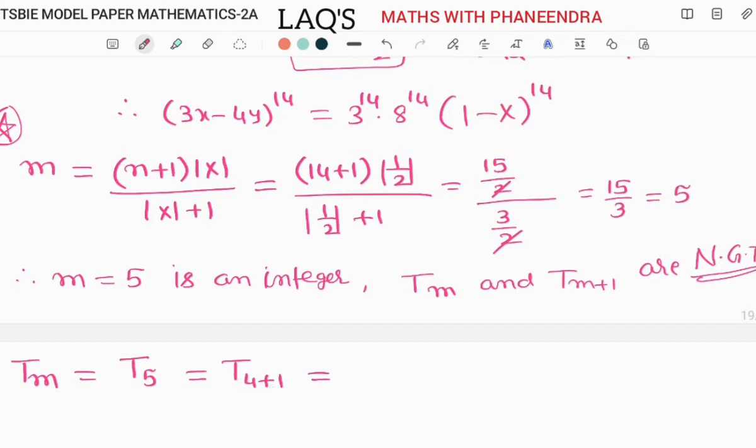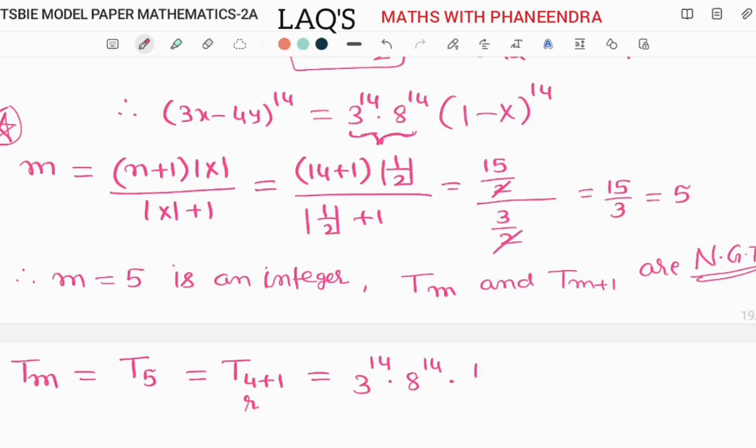T4 plus 1. For this, this constant is also included, dear students, whenever you are writing. So before only you write that 3 power 14 into 8 power 14. Now the rest of the situation we can write nCr. N is equal to 14, r is equal to 4 in this case.